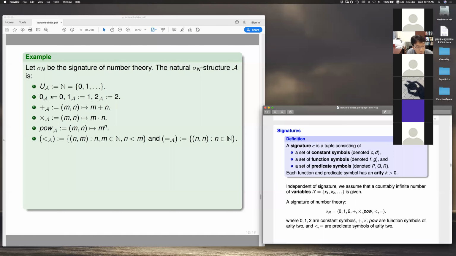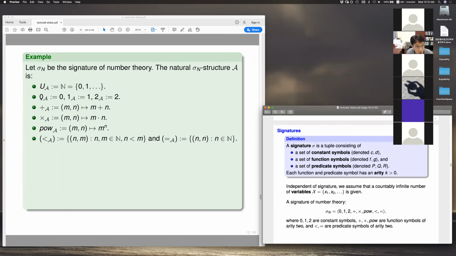So the underlying universe is the set of natural numbers starting from 0. Then symbol 0 is interpreted as number 0, symbol 1 as number 1, 2 as number 2, plus as plus, multiplication as multiplication, power as power, less than as less than, and equality as equality. You might feel that nothing really happens because we are saying 0 is 0, 1 is 1, and so on. But there's a key difference.